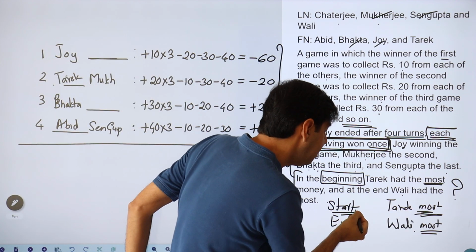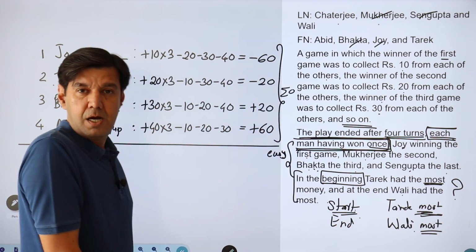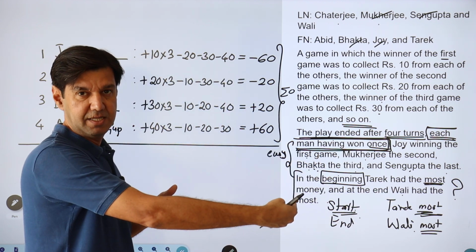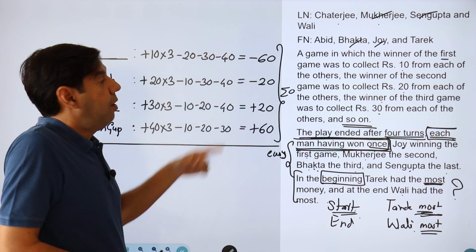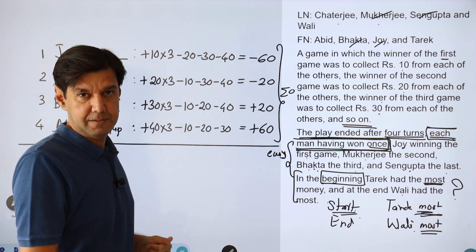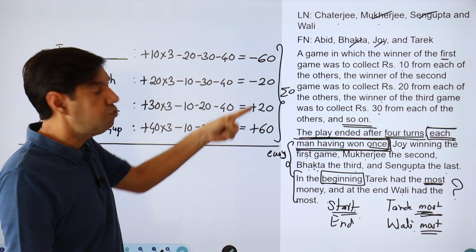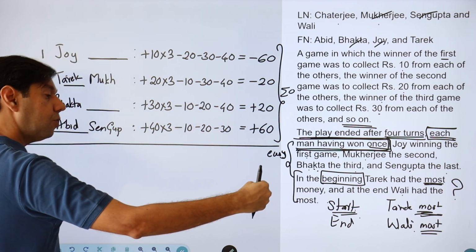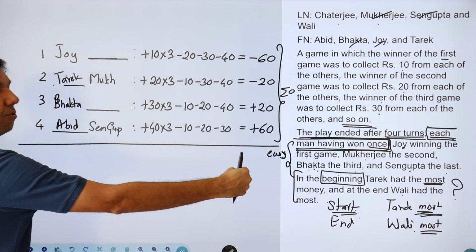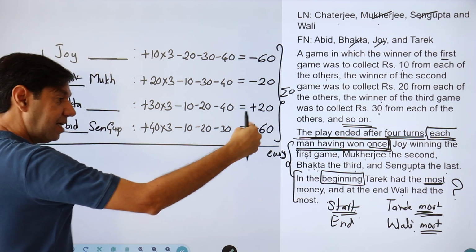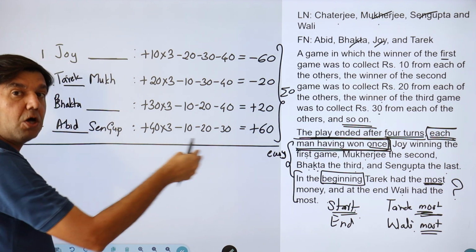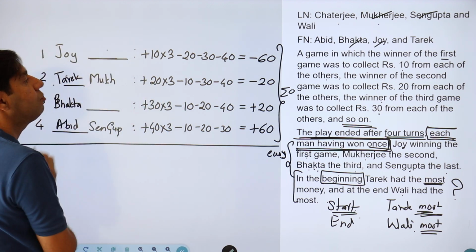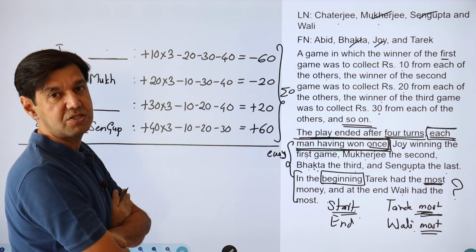But Wali was not the most at the start. So there was definitely someone more than Wali at the start. But at the end, Wali ended up the highest. So obviously Wali cannot lose the most. If Wali was not the highest and also lost the most, lost means you're going backwards, and the highest one also could have lost but not a lot, then Wali could not be the most.